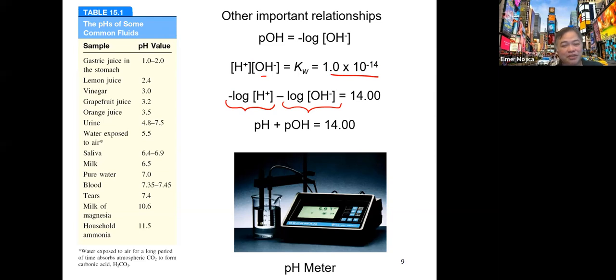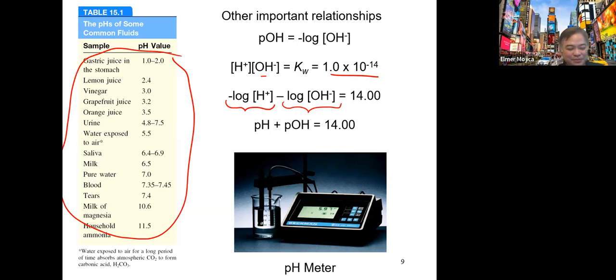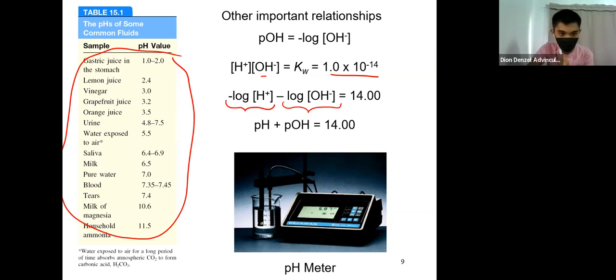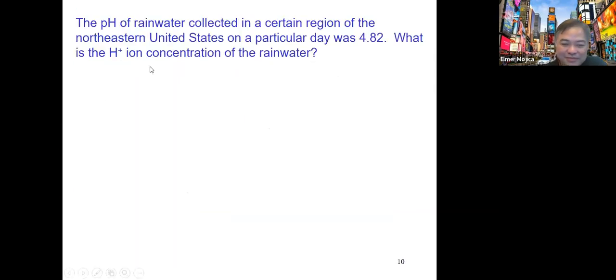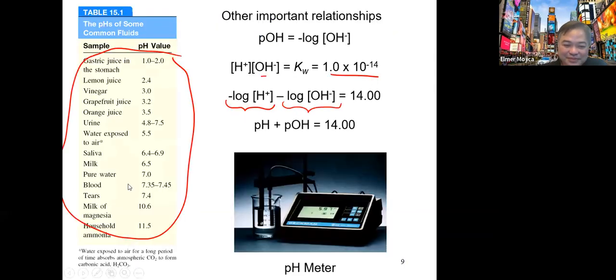Now to give you the corresponding pH value, you can see here some examples. So ano masasabi nyo? Yung mga acidic, ano yung mga yun? Juice. Lahat sila pagkain, di ba? Maasim po. Kaya pag sobra yung kinain mo, anong mangyari sa'yo?